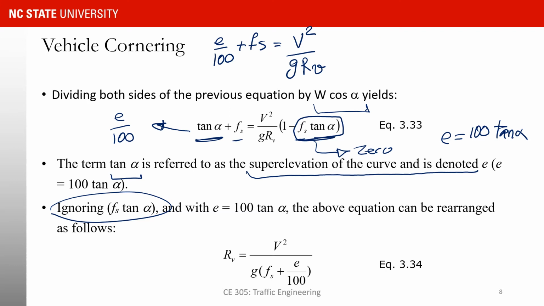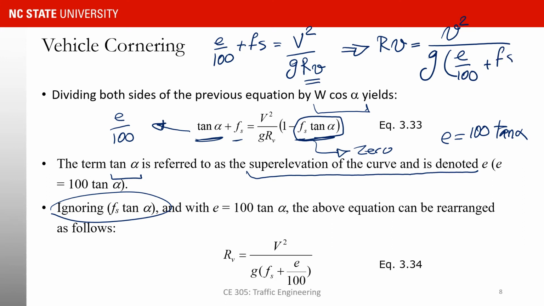Okay, and now I want to solve for R sub V. So what is R sub V? R sub V is equal to V square divided by G into E over 100 plus F sub S. So if you look at what I have here, it's pretty much identical to that equation.